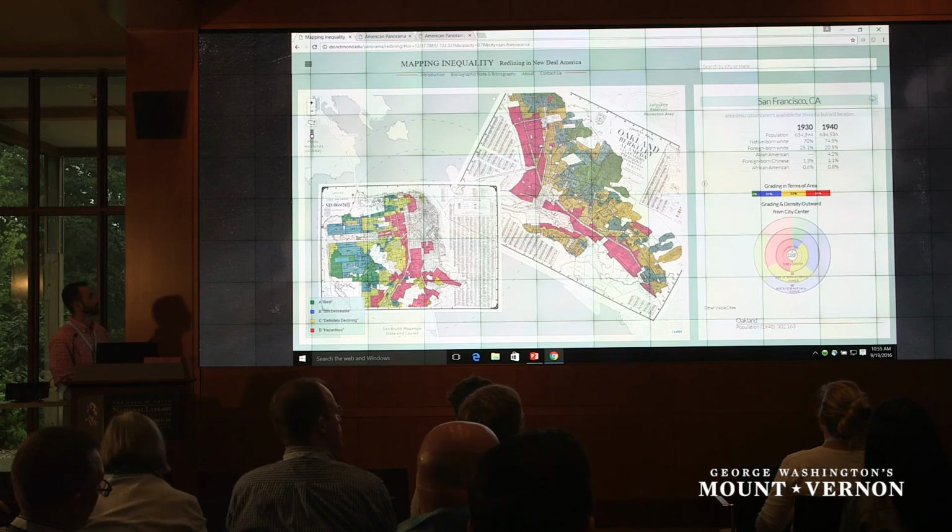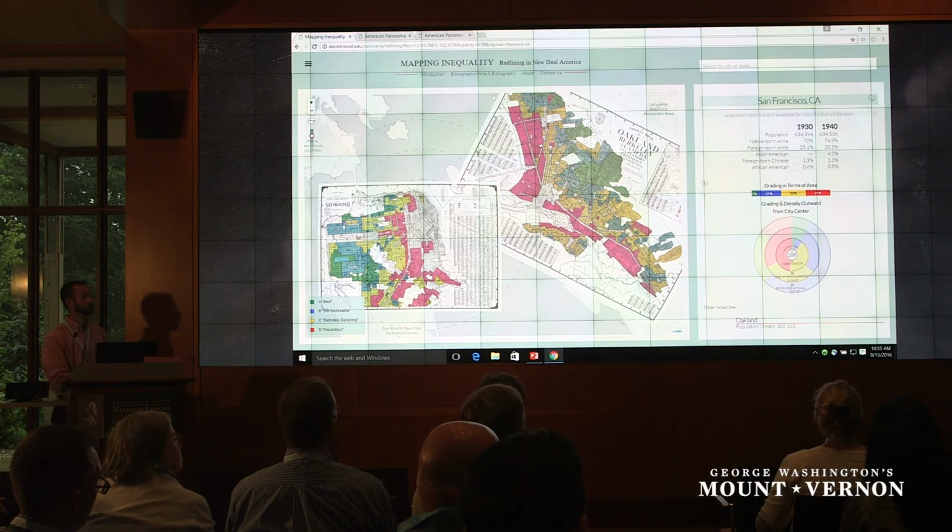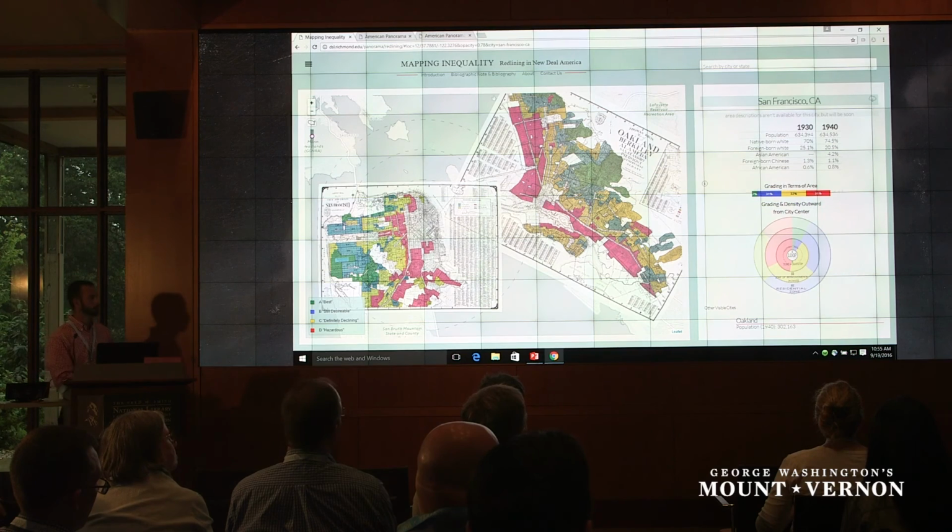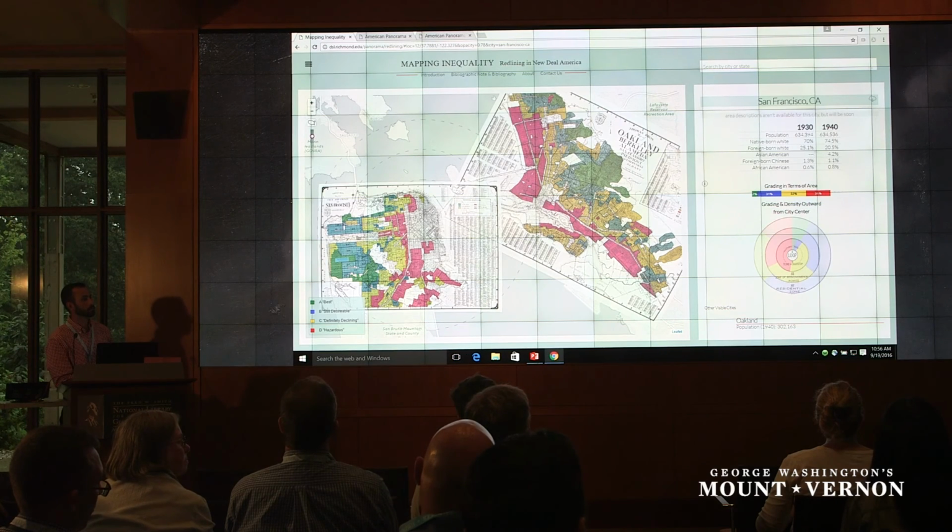And we did overlay 2000s poverty data, and it matches up shockingly well. I mean, we shouldn't be surprised by this, but we should be shocked, right? That the persistence of wealth and poverty spatially across multiple generations is not something to celebrate by any means.